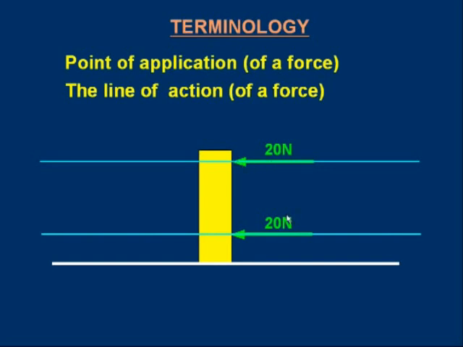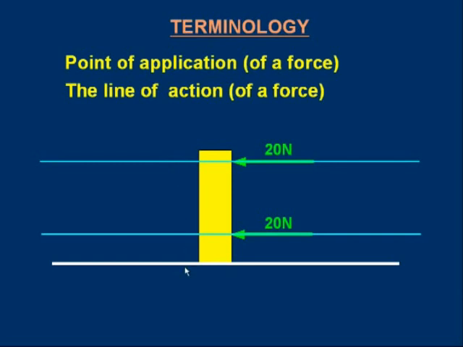Now, which of these two forces would you think will easily make the block topple over, assuming the friction down here cannot allow it to slide? You know from experience that this 20 newton force at the top is more likely to make this topple over. And the turning effect of this force depends on how far it is from the ground.